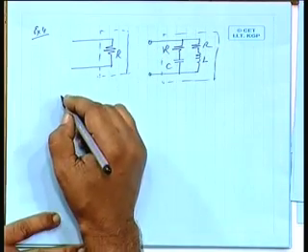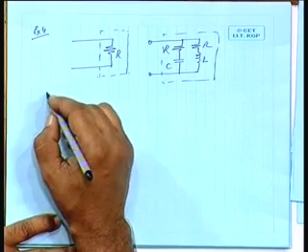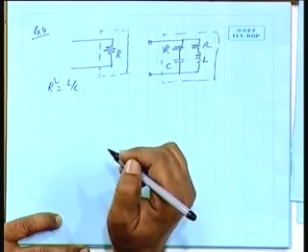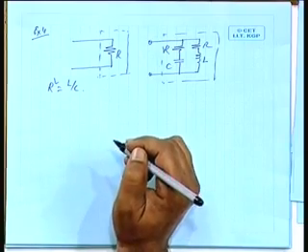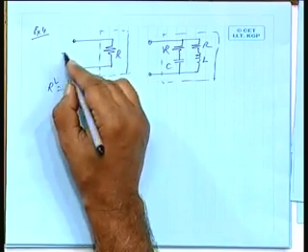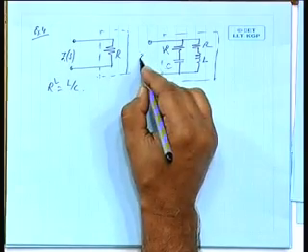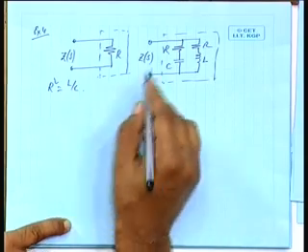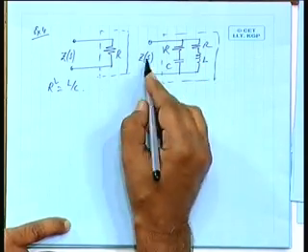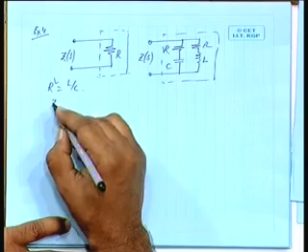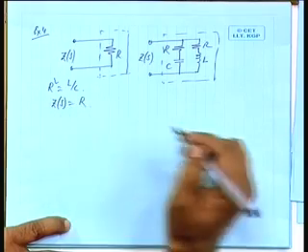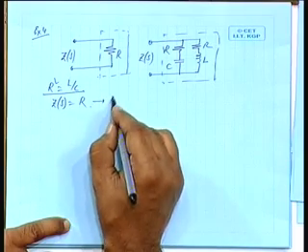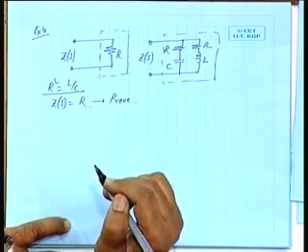The condition is R squared is equal to L by C. Show that ZS in both the cases are same, that means this ZS is having a value R. Given this, prove this.